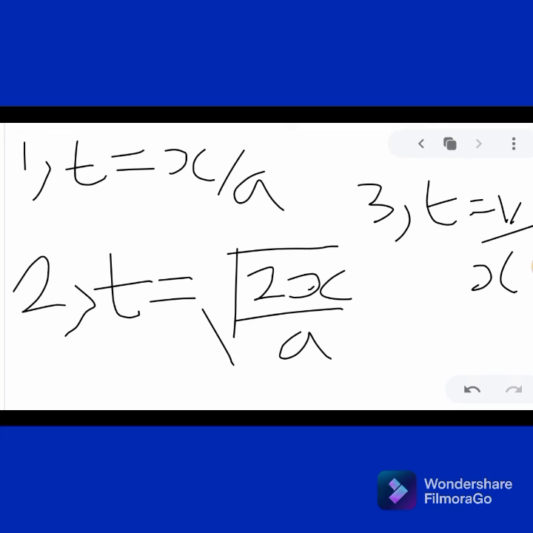X is the same thing as distance. So you're just finding T. So number 1 is time is equal distance over acceleration. Number 2 is time is equals the square root of 2 times distance over acceleration. Number 3 is time is equals velocity over distance. So I want you to find which one of them is dimensionally correct.